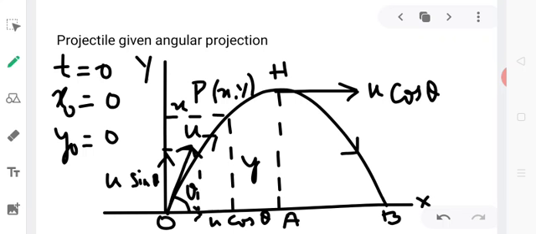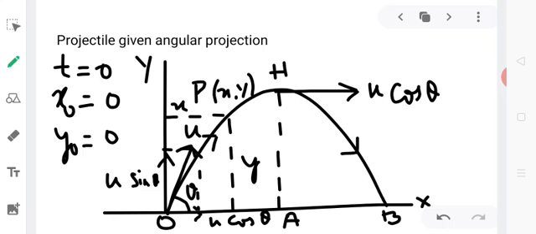The horizontal component velocity u cos theta is uniform because there is no accelerating force in the horizontal direction and air resistance is assumed to be 0. The vertical component velocity u sin theta decreases continuously because of downward force of gravity.